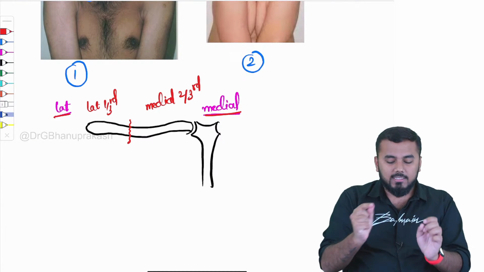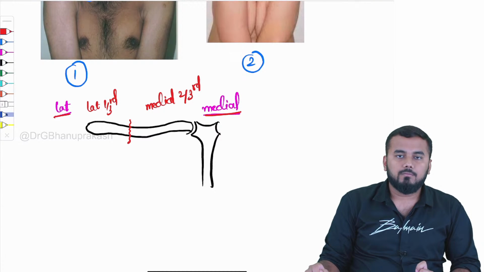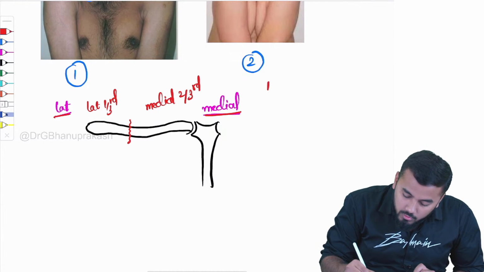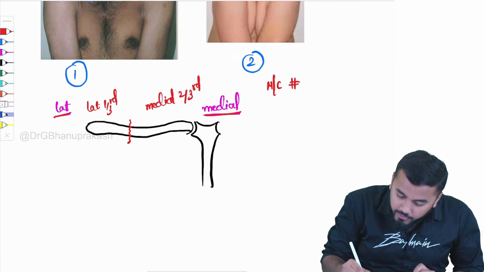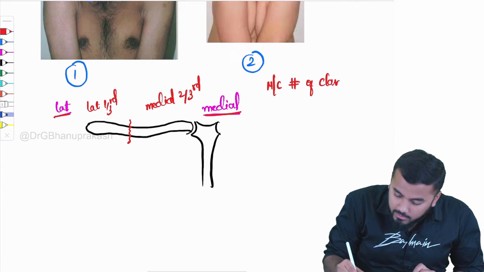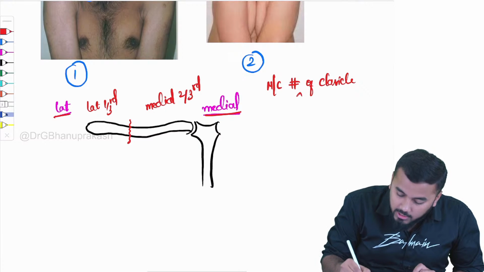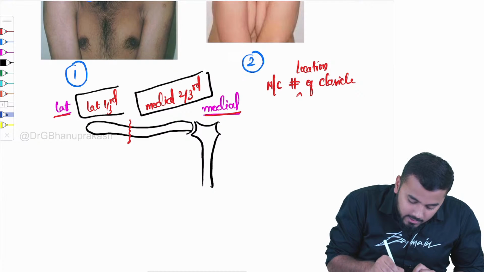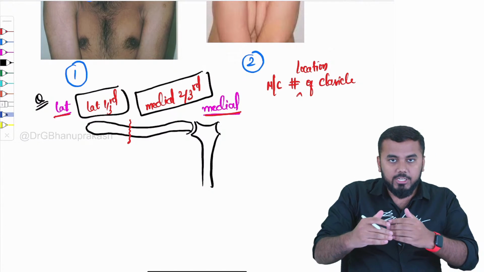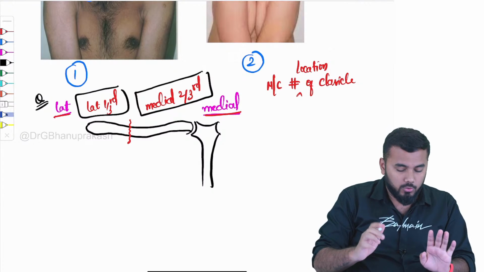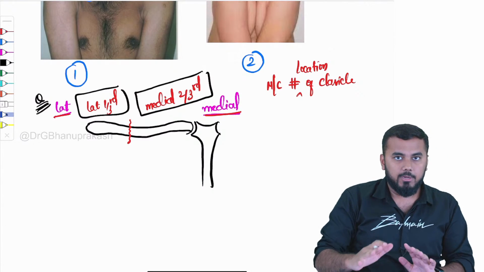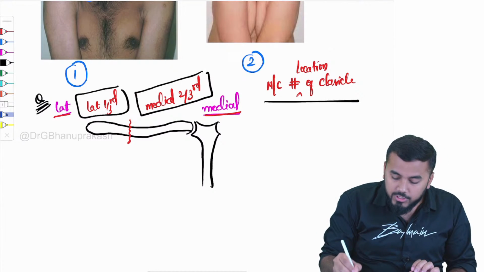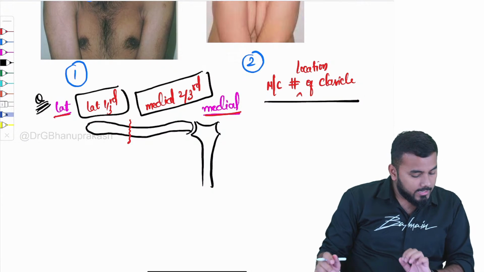In between that, there is a fracture of the clavicle. So the most common fracture location of the clavicle is the medial 2/3 and lateral 1/3. As I'm teaching you, I will also make you do MCQs. Don't worry, I already have MCQs kept here. Which is the most commonly fractured bone in the body? That is the clavicle.